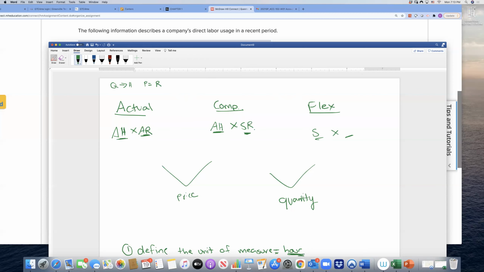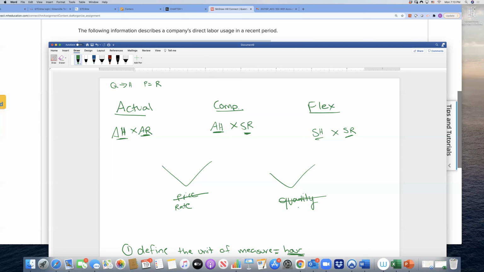All it is changing is our terminology. Over here we had the standard quantity, it's now standard hours. But again, now instead of being standard price, it's standard rate. All this is doing is, instead of this being the price variance, we actually call this the labor rate variance.